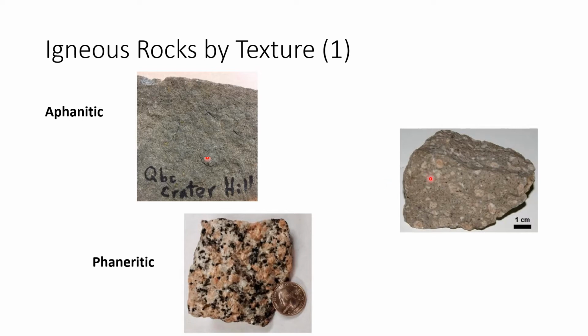And it can be that you can see some of the crystals, but then most of the rock is this aphanitic texture. And we'll call that porphyritic, which is kind of an aphanitic but has some big crystals in it. So porphyritic is our in-between sort of on that.